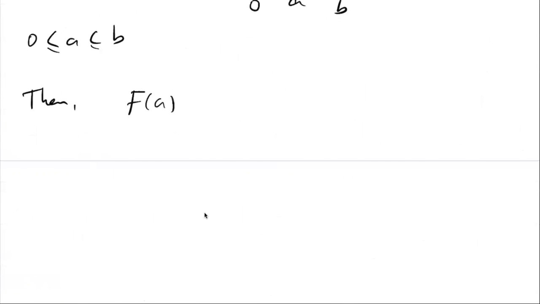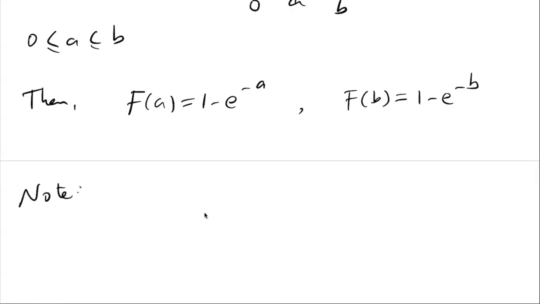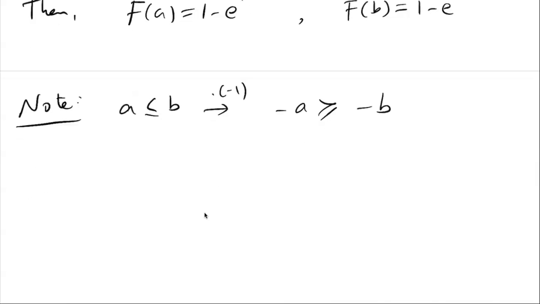Then F of a will be 1 minus e to power minus a, and F of b will be 1 minus e to power minus b. Now, how can I compare these two numbers? Note that we're assuming that a is less than or equal to b. So if I multiply both sides by minus 1, I'll get minus a bigger than or equal to minus b. And this means e to power minus a bigger than or equal to e to power minus b.